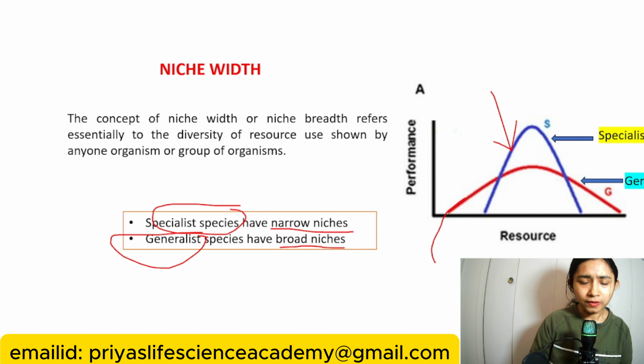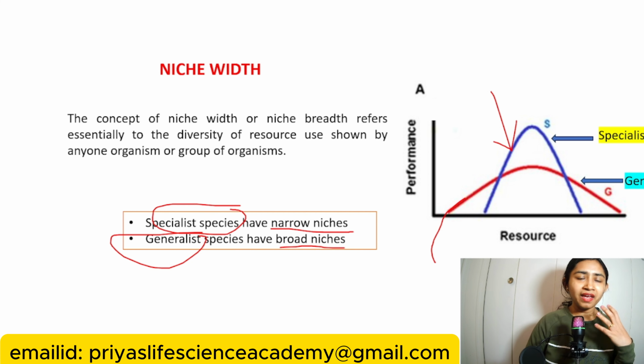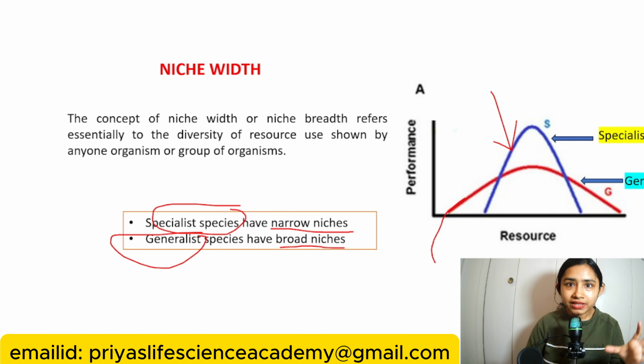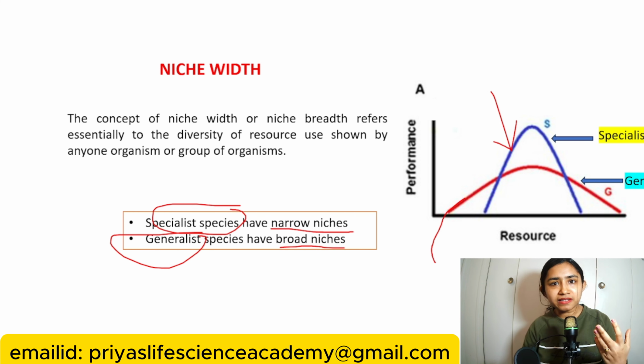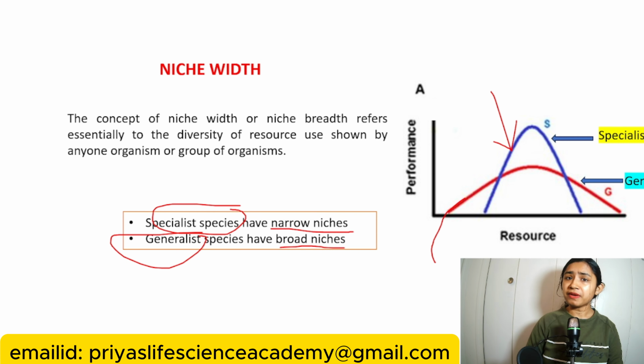So what is the significance of this? You can see that in your house there are some family members who only consume meat or fish. If there is no meat or fish prepared in the house, they say that they will not eat for the day. But there are some family members who will consume anything.